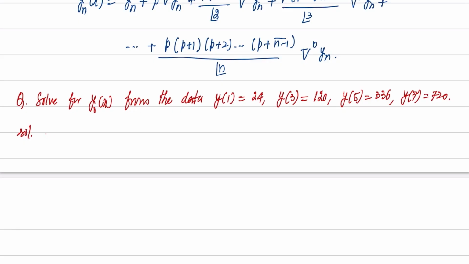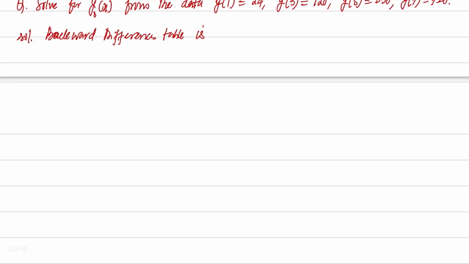So by solution, the backward differences table is given by, and we have already computed it above. Now we will quickly review that. So in this table x is 1, 3, 5, 7, and the y values are 24, 120, 336 and 720.